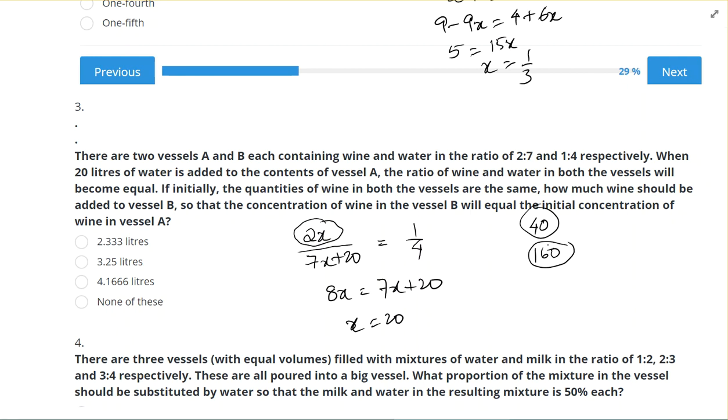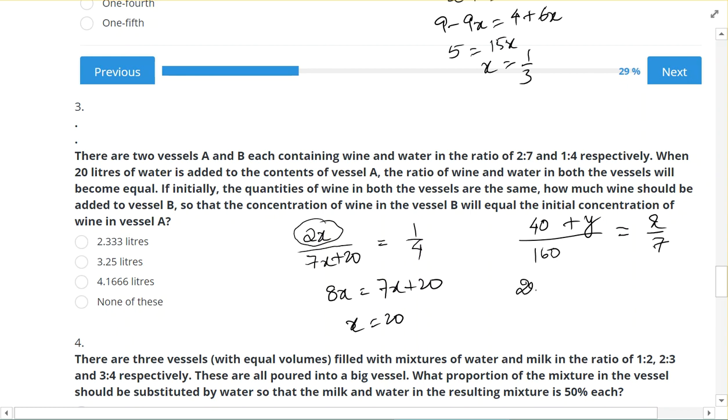Now, what should I add? Instead of x, we'll use y because x we have already used. What quantity of wine should we add so that the concentration becomes equal to the initial concentration in A, 2 by 7? So 280 plus 7y is equal to 320. 7y is equal to 40.